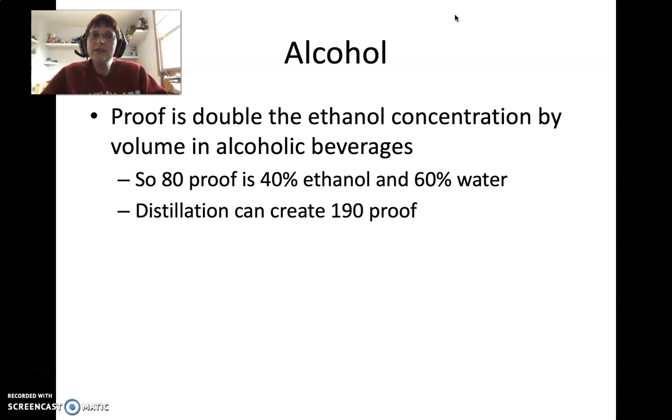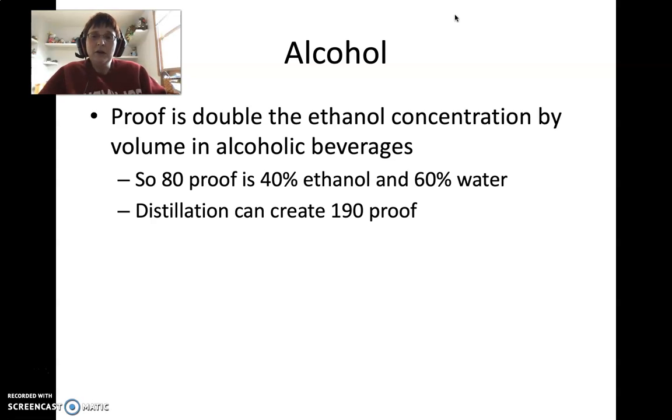If we're doing distillation, if you take alcohol that you've produced, which is usually pretty low in the amount of actual alcohol and decently high in water content, we distill it, so we boil off the alcohol and collect it, and do that multiple times. We can actually create 190 proof.